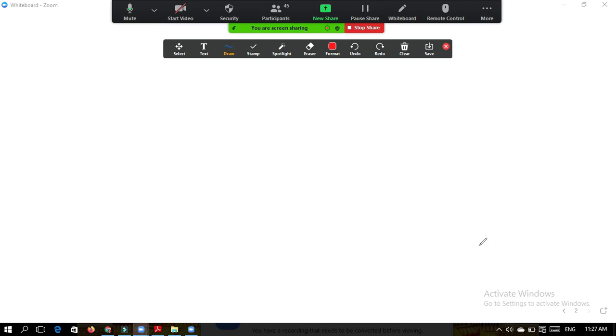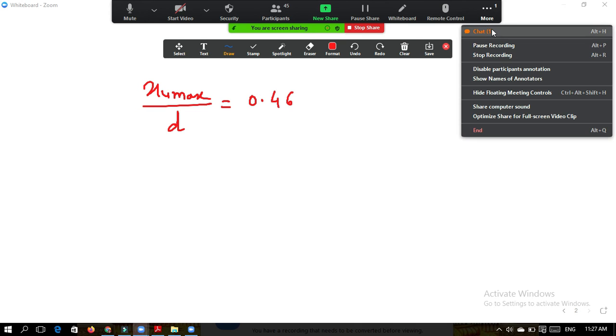So Xu max upon d is equal to, now grade of steel is 500 I think. So for Fe 500, what is the formula? It is 0.46.